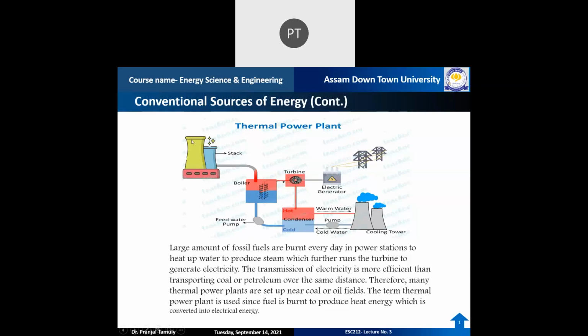This tank is used to expel the smoke generated during the heating process. This steam then goes to the turbine. Then the turbine runs and produces electricity, which is distributed through these transmission lines.